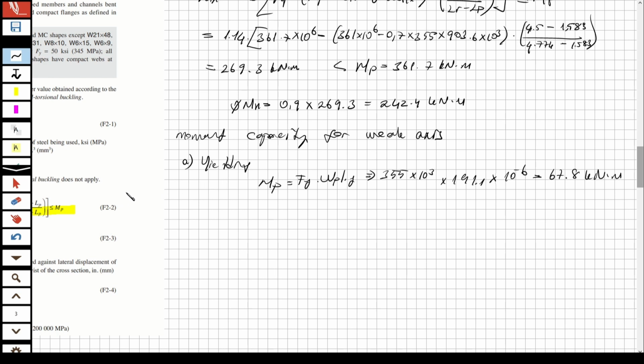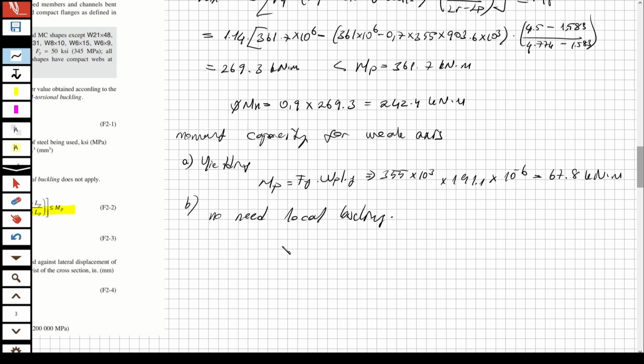So let's calculate for the local buckling, because here there is no torsional buckling. But we don't need to calculate the local buckling either, because it has a compact flange. So for B, I can write that there is no need for local buckling.